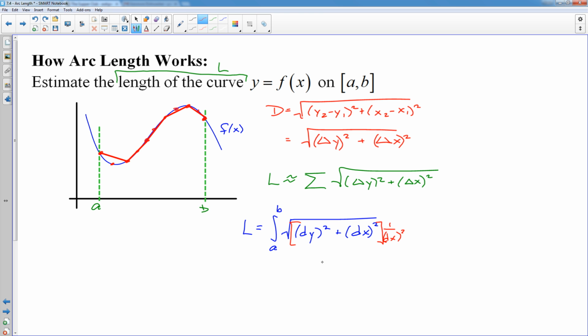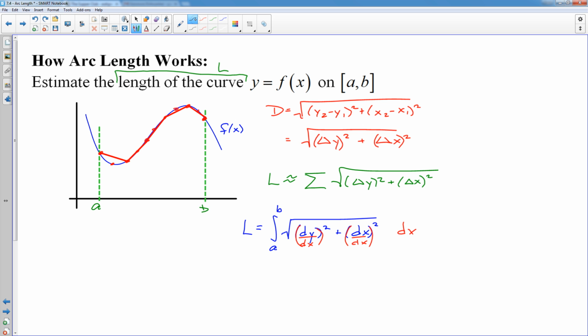So if I distribute a 1 over dx squared there, what's going to end up happening is I'm going to be dividing each thing in here by dx, and that's still in the parentheses, right? So I multiplied everything through by a 1 over dx squared. But remember, dx squared under a radical is really just a dx, so I divided everything by dx, so I'm going to offset that by multiplying by dx.